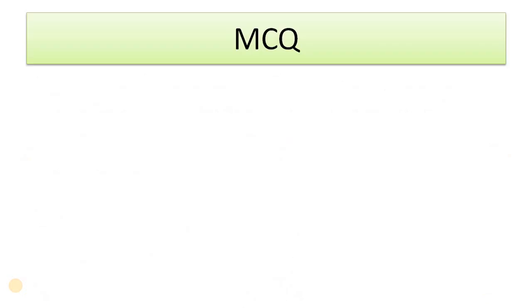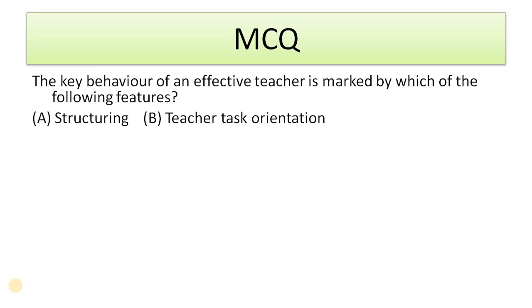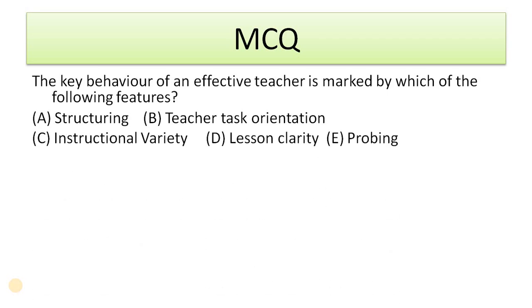Now, MCQ related to the key behavior and helpful behavior. First question will be from key behavior. The key behavior of an effective teacher is marked by which of the following features? Structuring, teacher task orientation, instructional variety, lesson clarity, and probing.